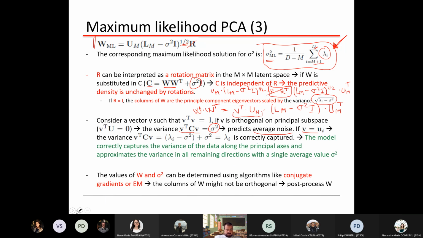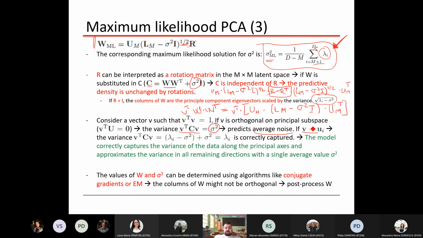So, damn it. So V transposed, V multiplied with V transposed is this part. If we are trying to do V transposed multiplied with C, it means that we need to do V transposed multiplied with this, which means that we have V transposed multiplied with this.